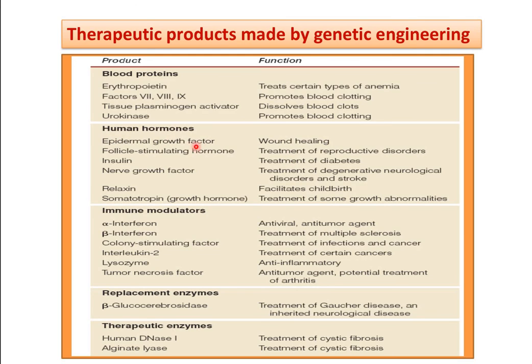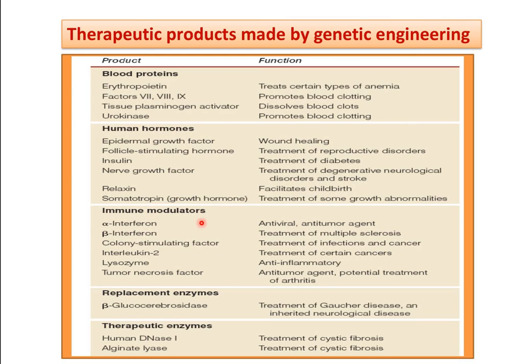Talking about human hormones, we have epidermal growth factor, FSH, follicle stimulating hormone, which is used for the treatment of reproductive disorders, insulin for the treatment of diabetes, nerve growth factors, relaxin, and somatotropin, which is used for the treatment of some growth abnormalities.